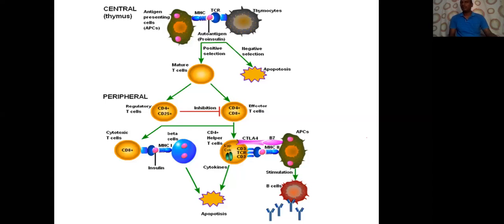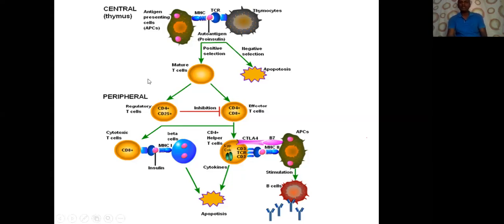So in type 1 diabetes, beta cells will be considered as antigens, and antibodies will be produced, and these antibodies go and destroy the beta cells. Once the beta cells are destroyed, insulin will not be produced. There won't be any insulin at all. And if insulin is not there, then the circulating plasma glucose levels will increase, and it will become hyperglycemia.